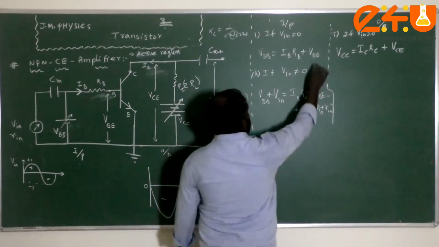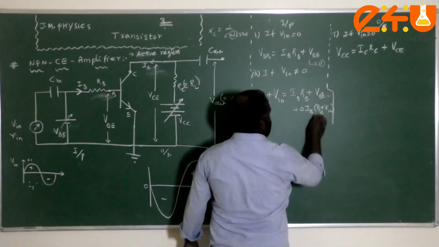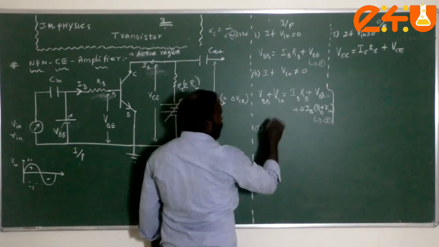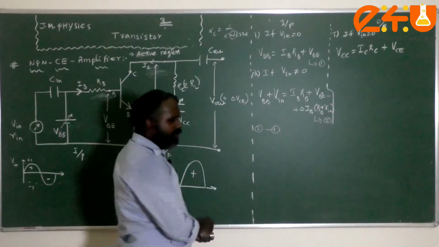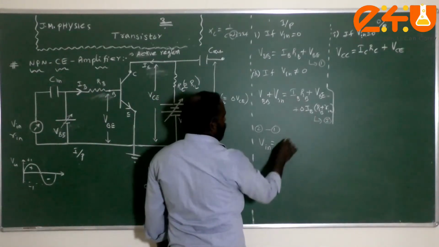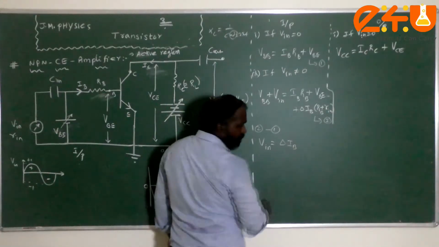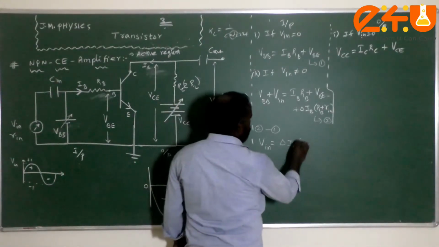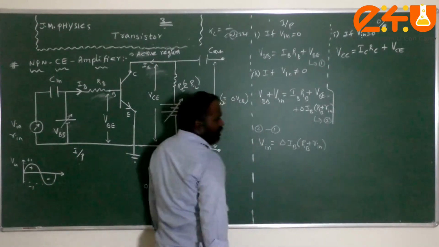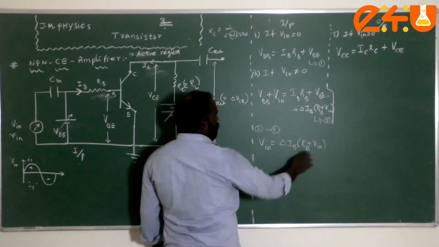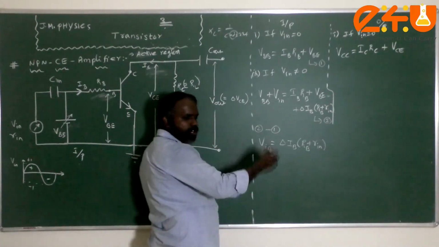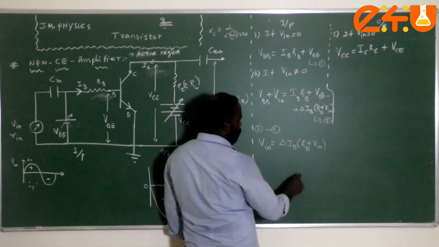Now take this as equation number 1 and this as equation number 2. Just do 2 minus 1. Therefore I get Vin equal to delta IB into RB plus small r in. This series resistance together, I can consider as a small r, the total input resistance in the input part of the circuit.